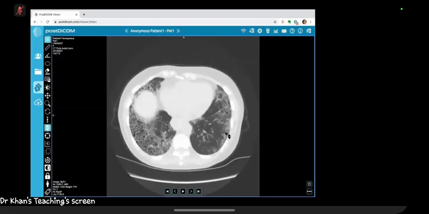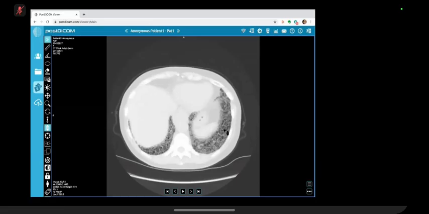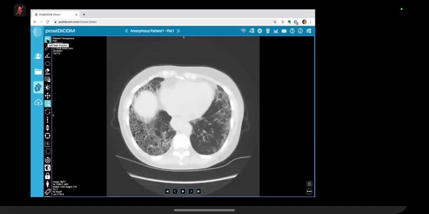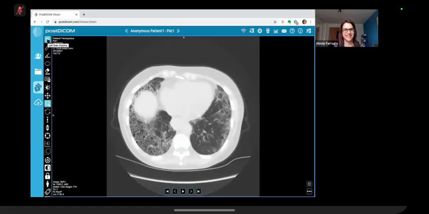However, I can see on the mediastinal window the esophagus is dilated. Well done. And in the context of combining both these findings, what do you call it, systemic sclerosis, yes.